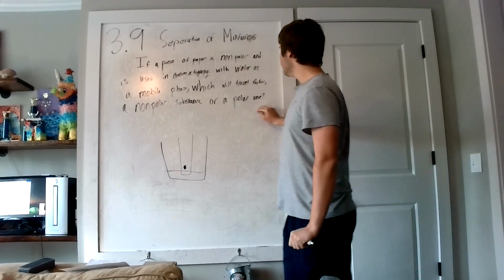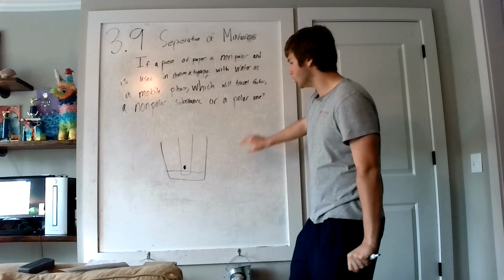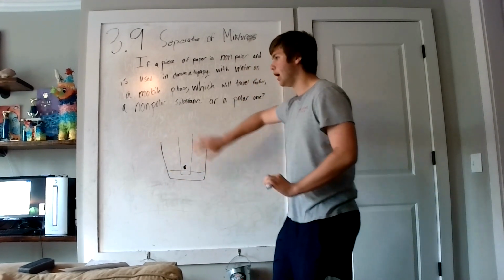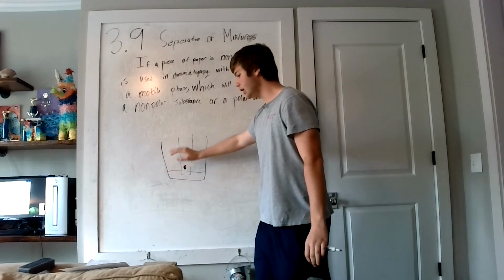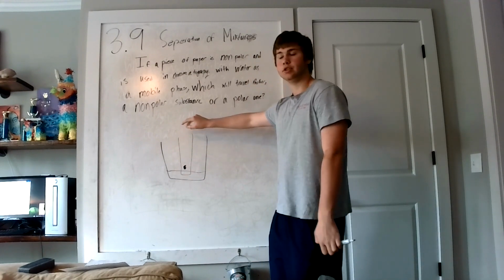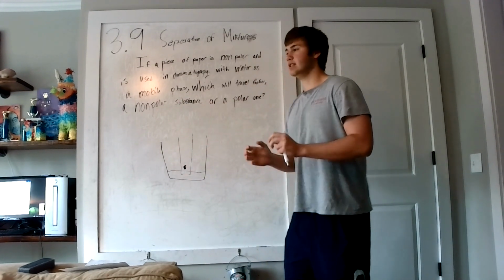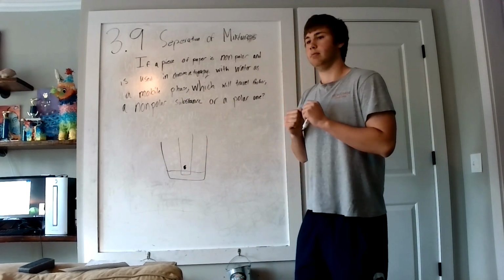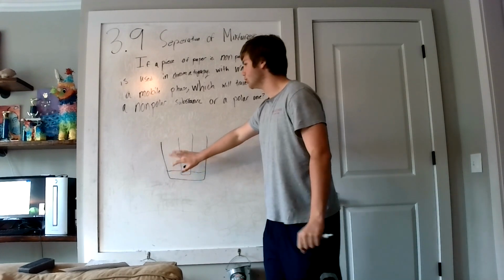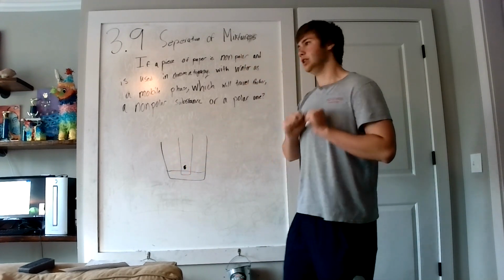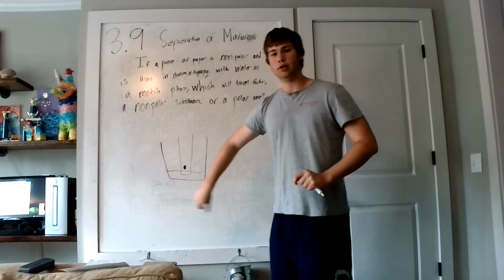So the polar stuff is going to go up with that polar water and go up higher, because that water is going to climb and travel along with the polar stuff more, because it's going to stick to that polar water more. While that nonpolar stuff is not going to stick to that water as much and stay along with the nonpolar paper.